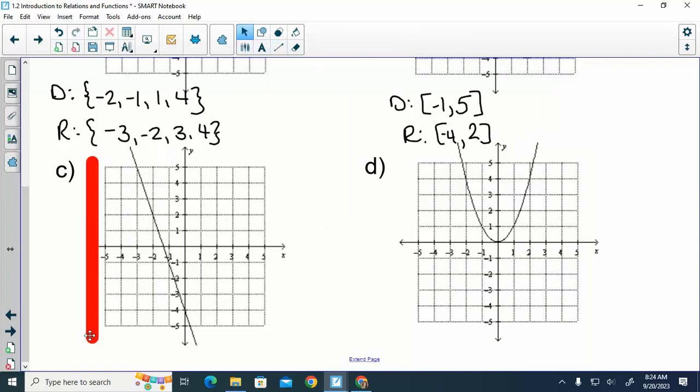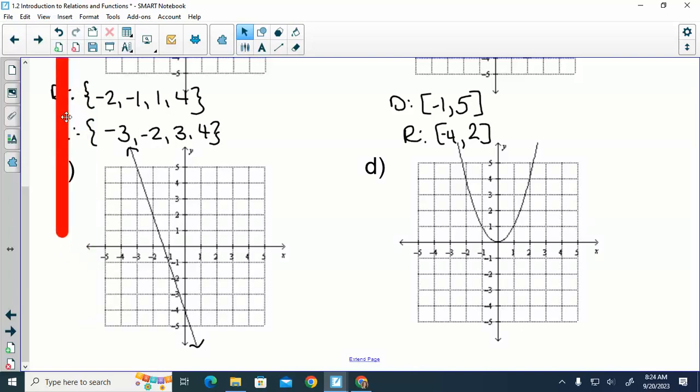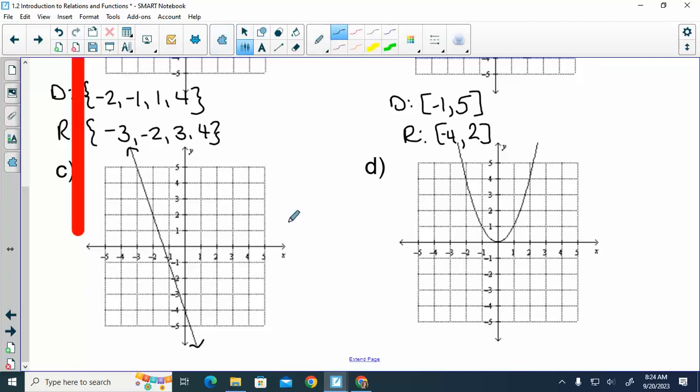C. Okay, this line keeps going. So as I'm going from left to right, if this line's going to keep going, what would be the first place we hit it? Infinity always gets the parentheses. Comma.